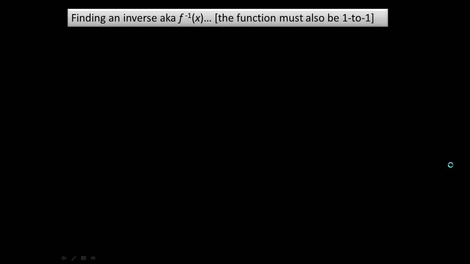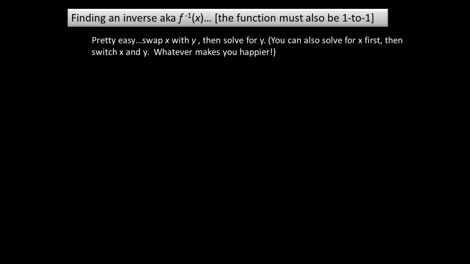Okay, so let's find an inverse, which is denoted f to the negative 1 of x. And remember, in order for a function to be invertible, it has to be a one-to-one function. So this is the general process we follow to find the inverse of a function. We interchange the x and y values, and then we solve the function for y.